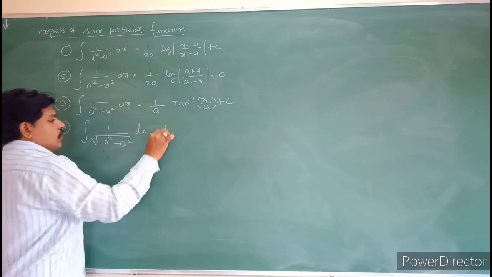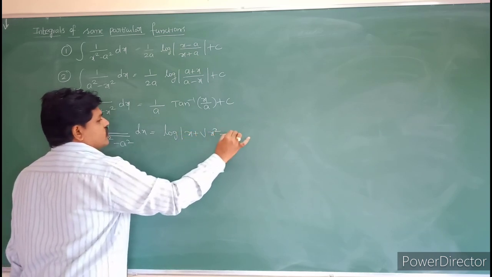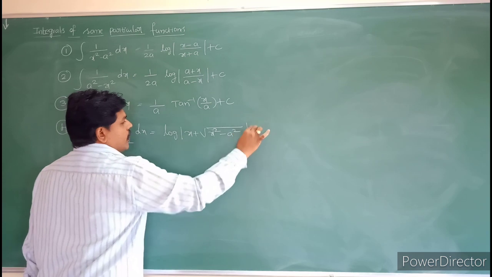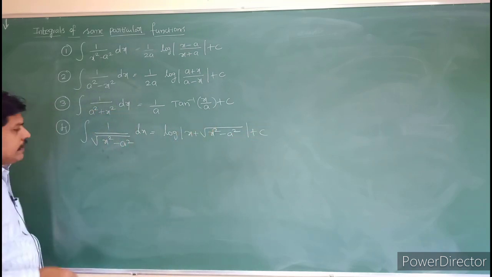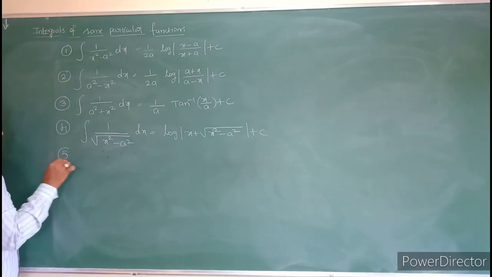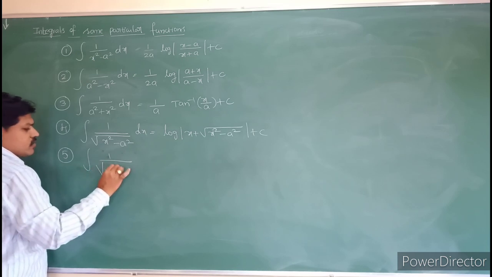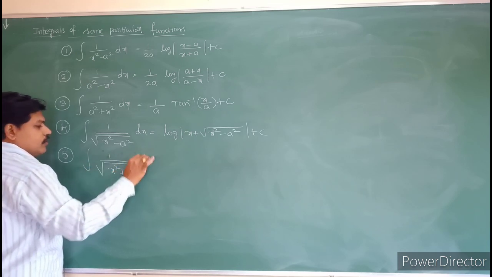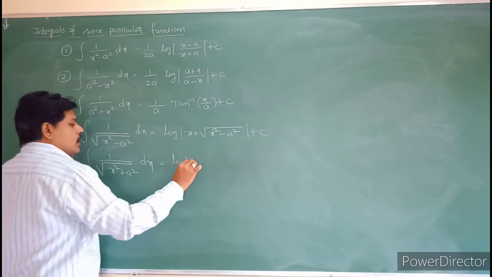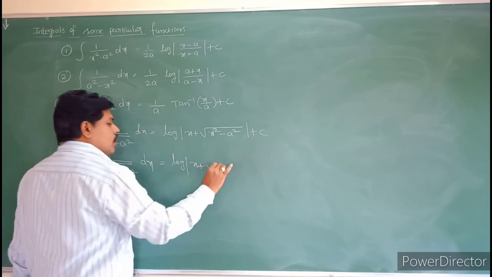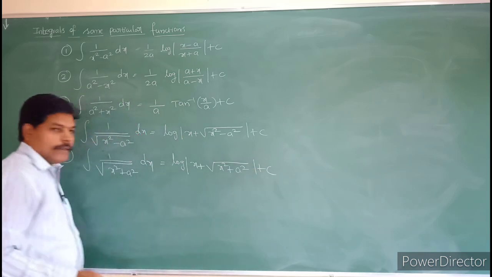That is equal to log mod x plus root of x square minus a square plus c. See the next one: integral of 1 by root of x square plus a square into dx. That is equal to log mod x plus root of x square plus a square plus c.